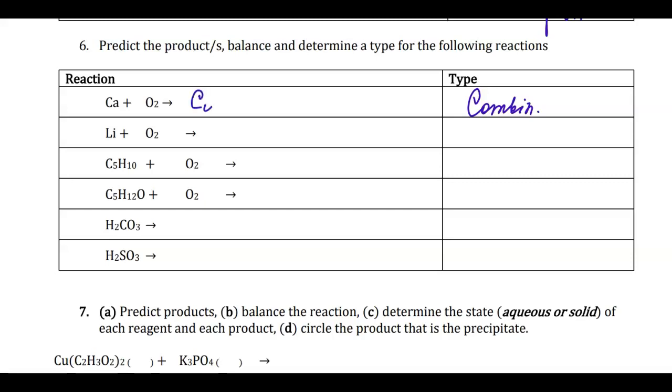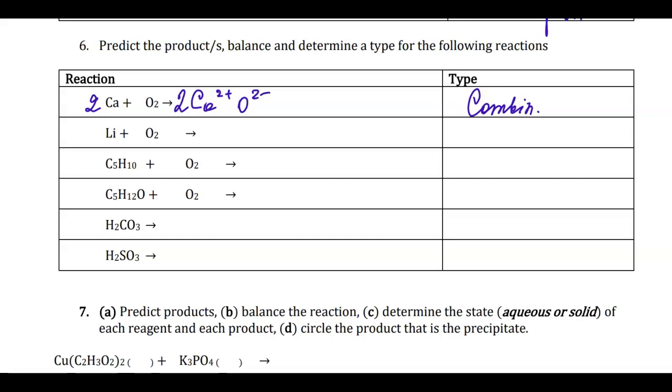In this case it will be calcium oxide. So for calcium it will be 2 positive, and for oxide it's typically 2 negative. That means no subscripts needed, right? So coefficients 2 and 2 here solve the equation, so it's balanced now.